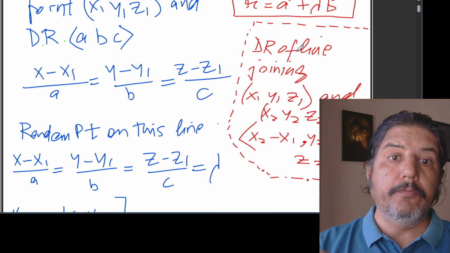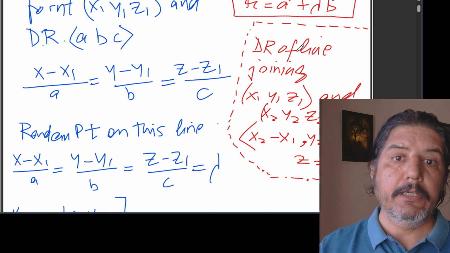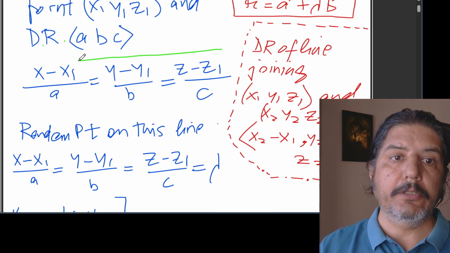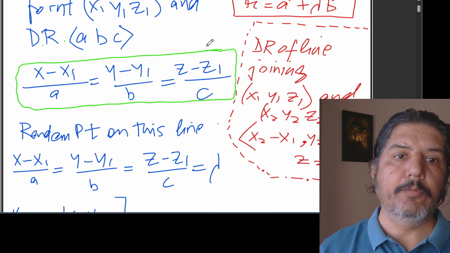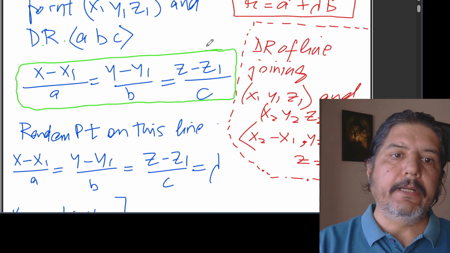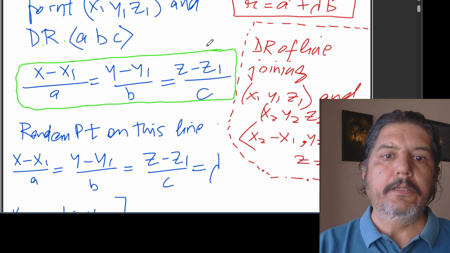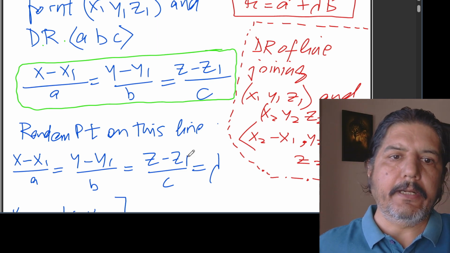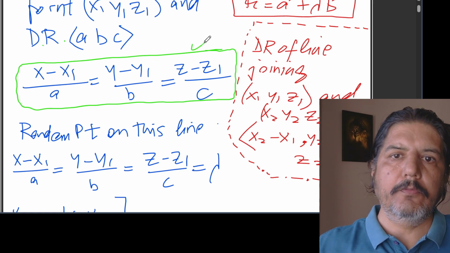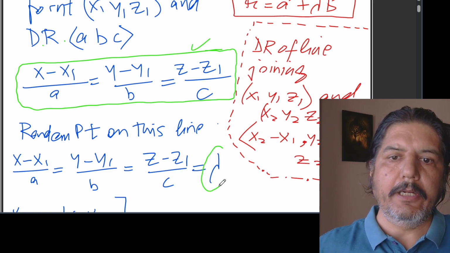Another thing you need to understand is that if I'm given an equation like this, and I want to take any random point on this line, I write this equation of the line equal to lambda, where lambda is some constant.